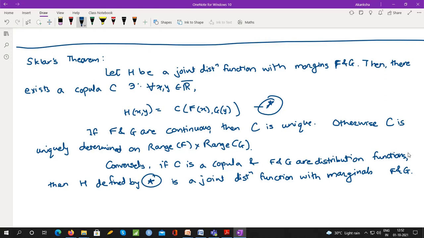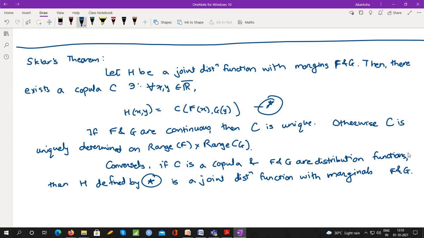So what are we saying? The first part says that suppose we start with three distribution functions. One of them is a bivariate distribution function H, and F and G are its marginals. Then irrespective of whatever distribution functions you pick, you pick any joint distribution function, compute its marginals F and G, then you can always find a copula, a function which satisfies the properties that we listed above, such that H(x,y) is C(F(x), G(y)).